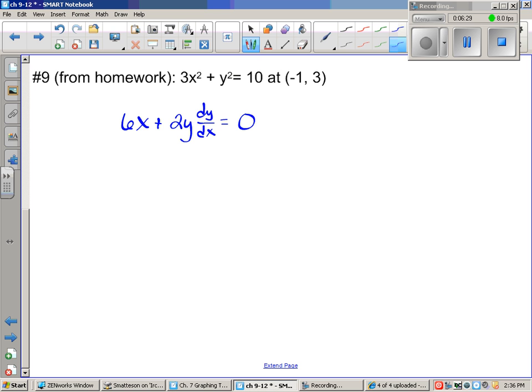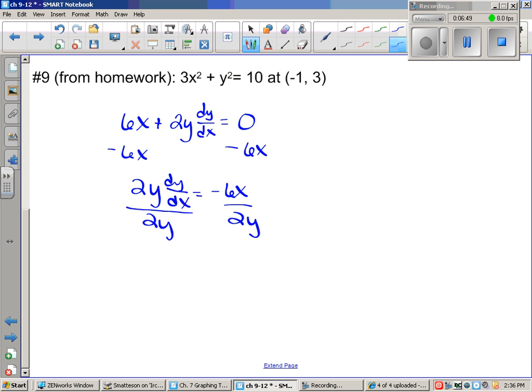Okay, now we're going to solve for dy dx. Some people, especially when you're not given the point, prefer instead to solve at this point for dy dx. So you have 2y dy dx equals -6x. Now we'll divide by 2y. So dy dx equals -6x over 2y.